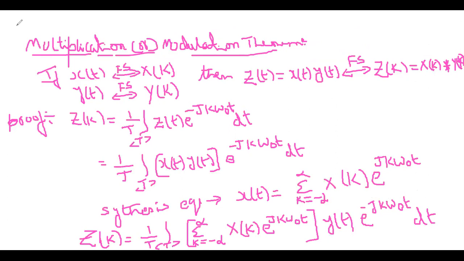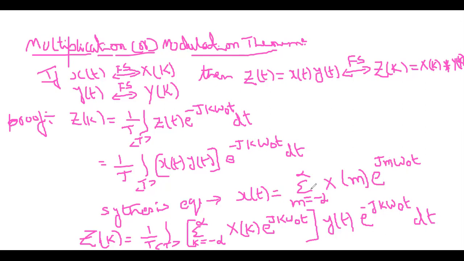Now, a small modification you have to do. Instead of k, once again I'm saying, instead of k, you can keep it as m. The sum of m equal to minus infinity, x of m, e power jm omega naught t.